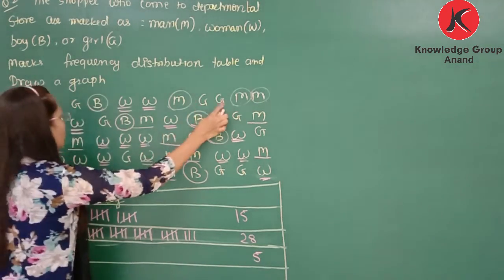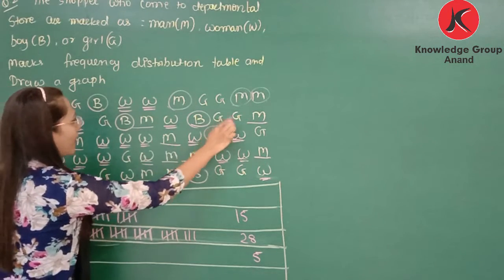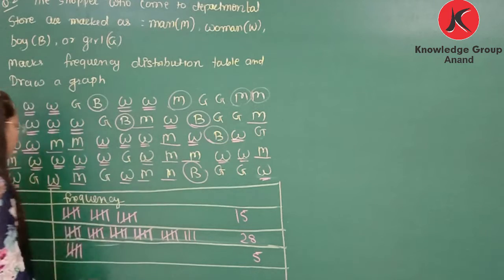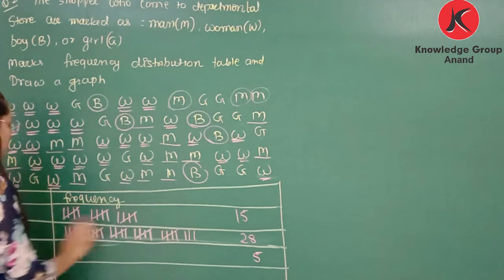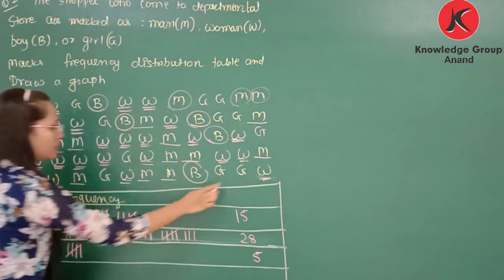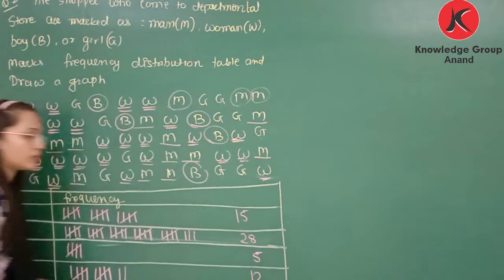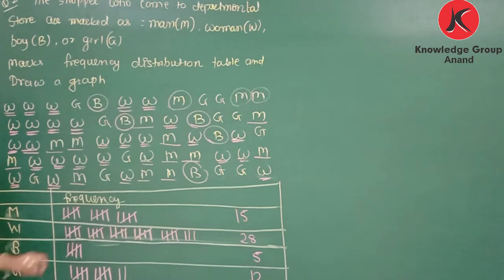So here 1, 2, 3, 4, 5, 6, 7, 8, 9, 10, 11 and 12. So we will draw 12 tally marks: 5, 10 and 12. Okay. So this way we can represent the frequency distribution table.